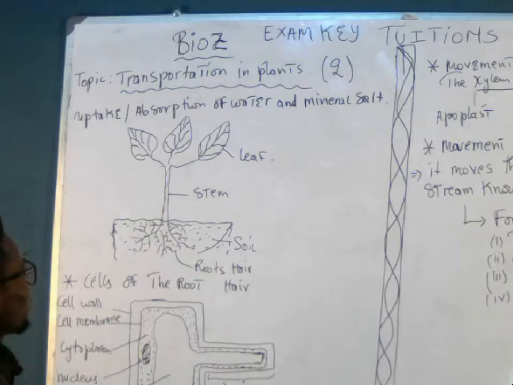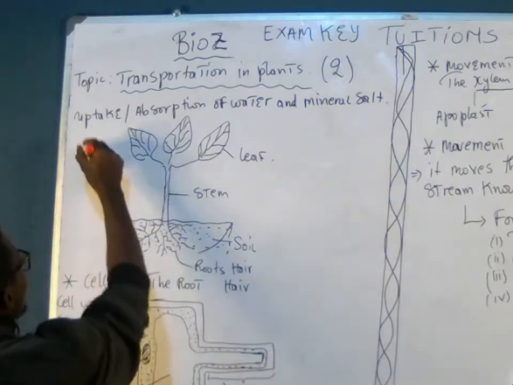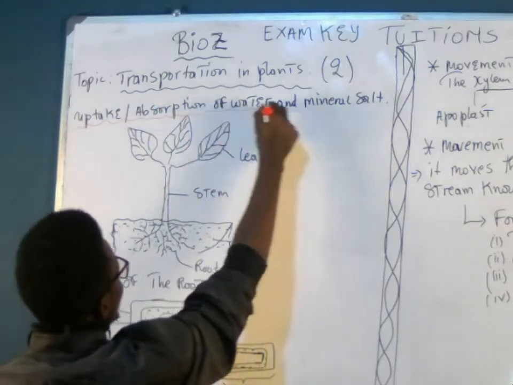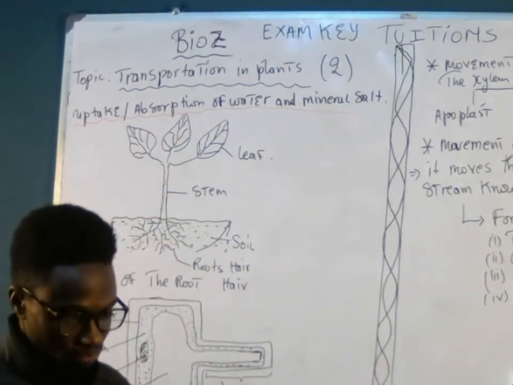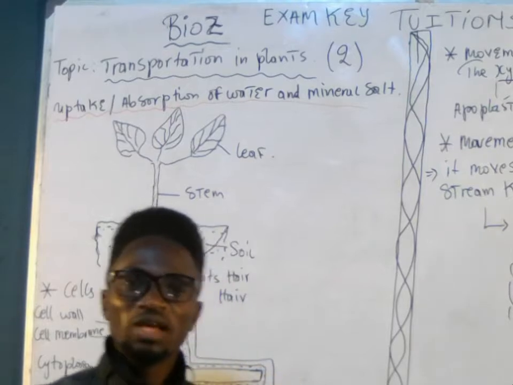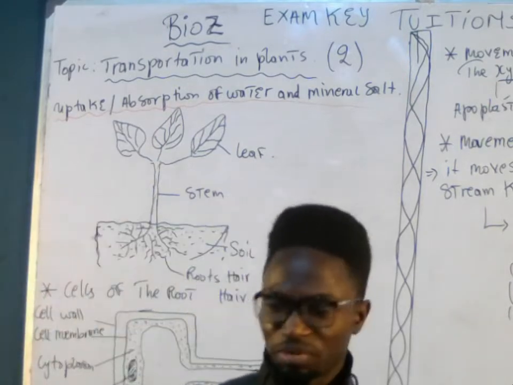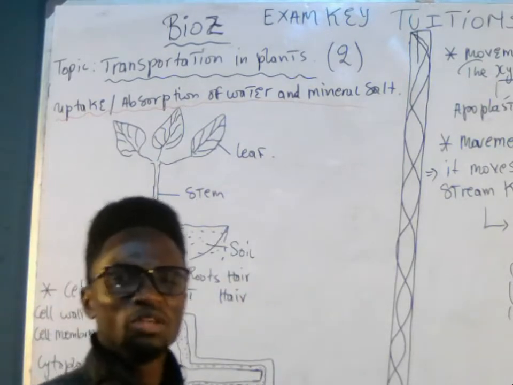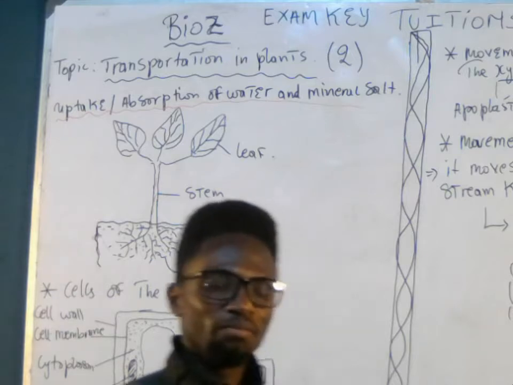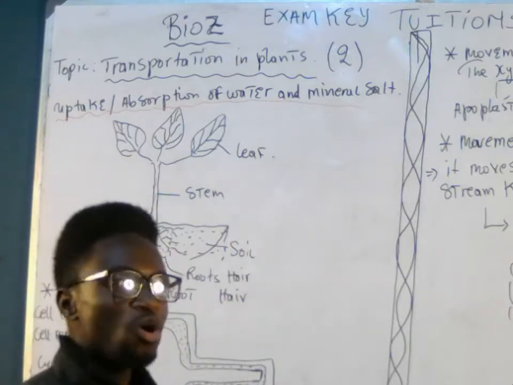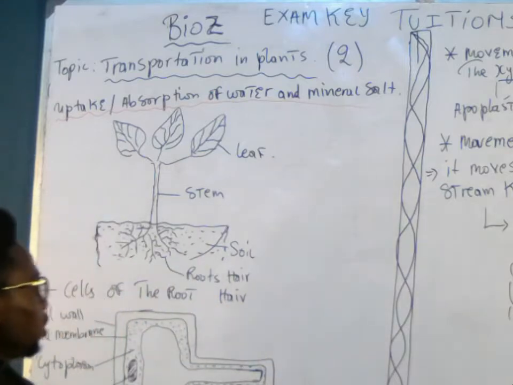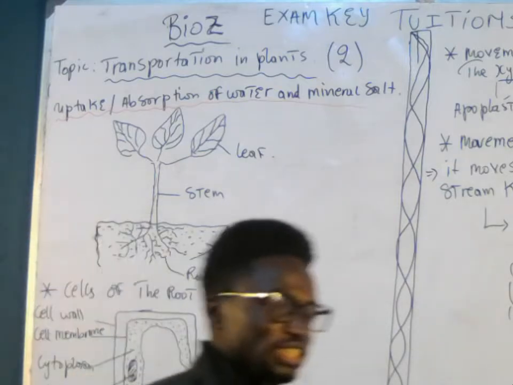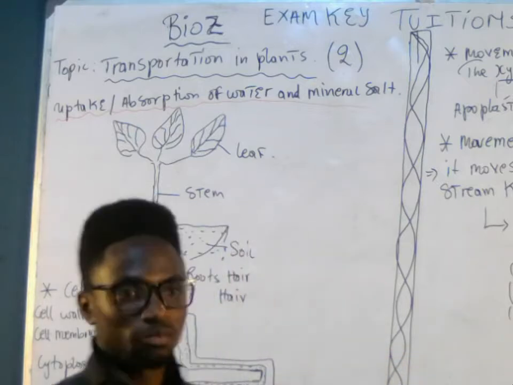Now the major subtitle is uptake and absorption of water and mineral salt. How is water absorbed in a plant, and how are mineral salts absorbed? First, we have to understand how a xylem works, and the processes involved in that transportation.